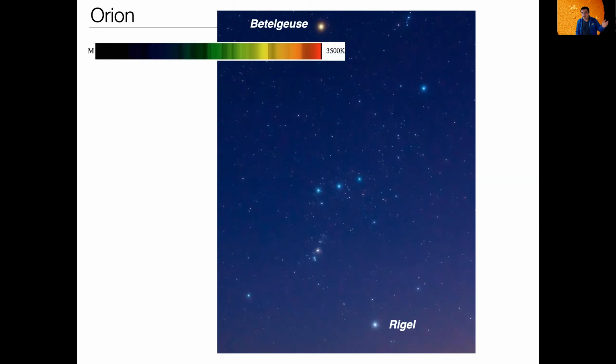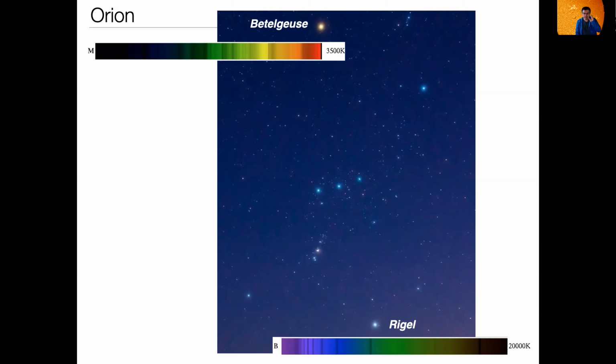The spectrum of Betelgeuse is very steeply over towards the red. The surface temperature of Betelgeuse is something like 3,500 Kelvin. And the spectrum of Rigel, which looks very blue to your eye, is towards those blue stars. The surface temperature of Rigel is something like 20,000 Kelvin.